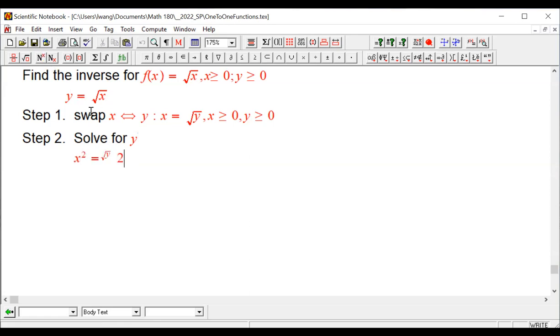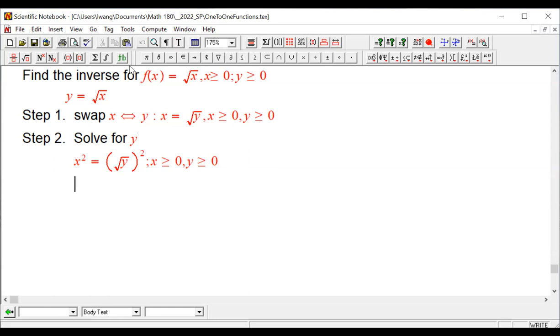Of course, still x is greater than or equal to 0 and y is greater than or equal to 0. That tags along after the swap.